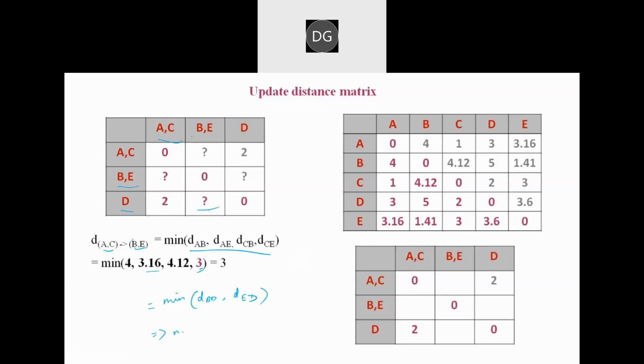So what is going to be my value for that? Minimum of BD 5, then ED 3.6. So obviously this is 3.6 and this is 3. Okay, here I will put 3 and here I will put 3.6 if I'm right.